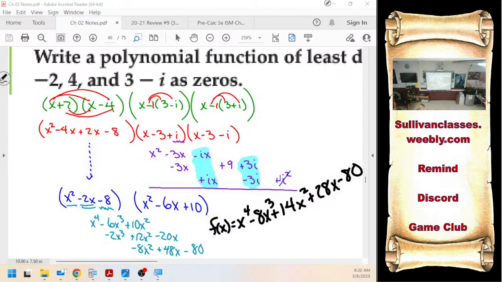Write a polynomial function of least degree that has these zeros. I'm going to write x minus each of the zeros and then go distribution bonkers on it.